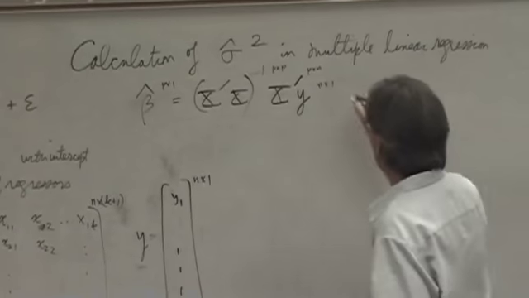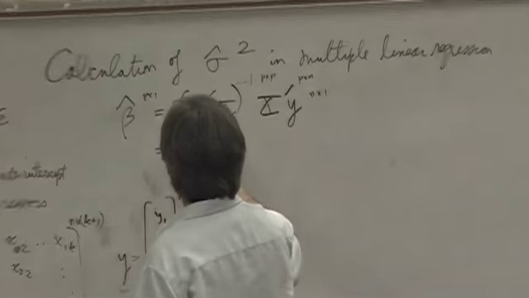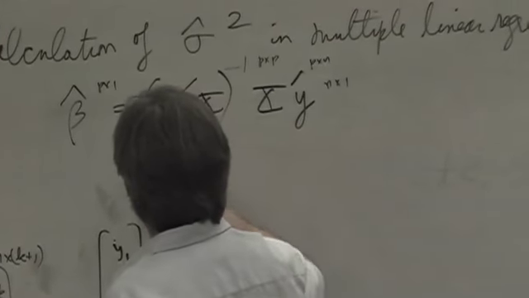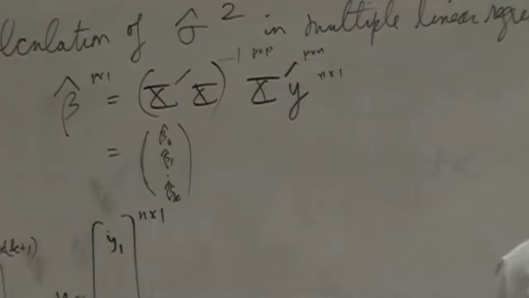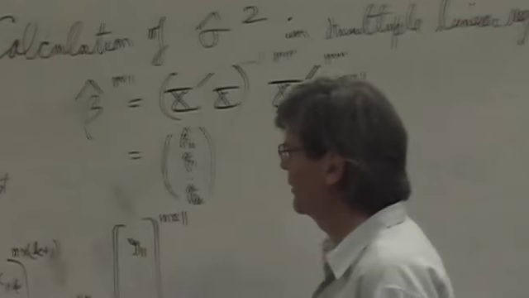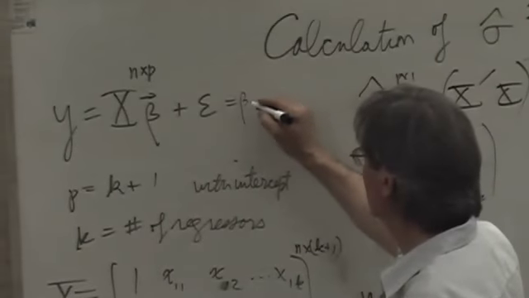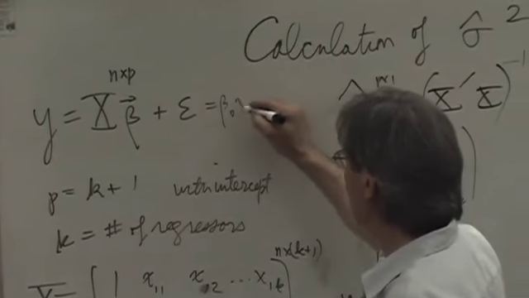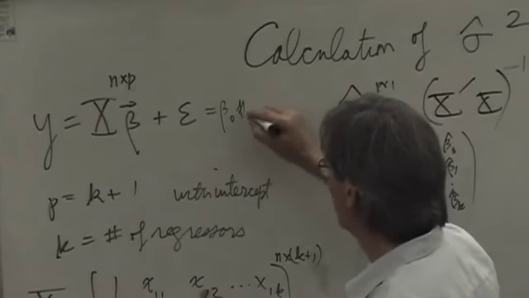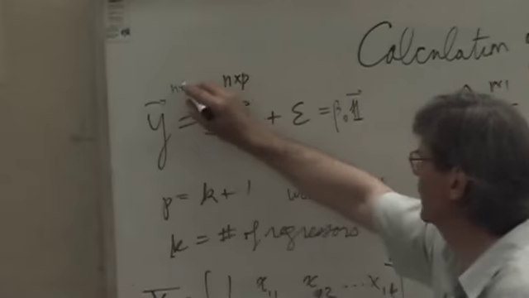Which is correct. So beta hat, which is otherwise known as beta 0 hat, beta 1 hat, down to beta k hat. Those are the intercept and the various slope parameters in the model. Writing this out in vector notation, because y is a vector here, it's an n by 1 vector.